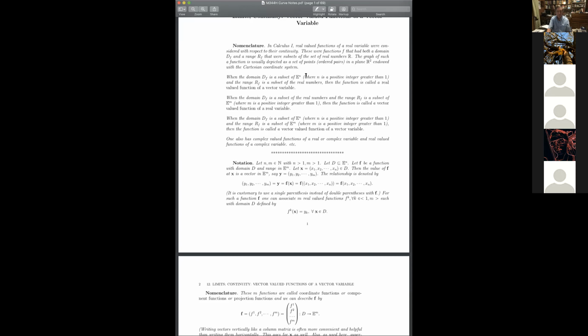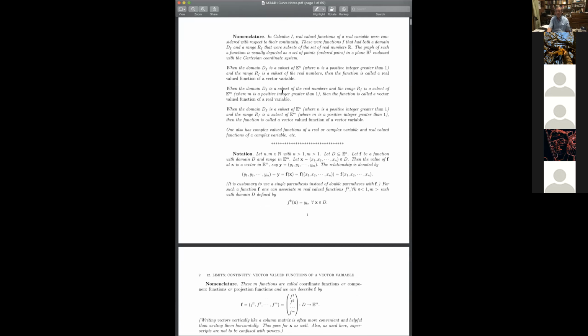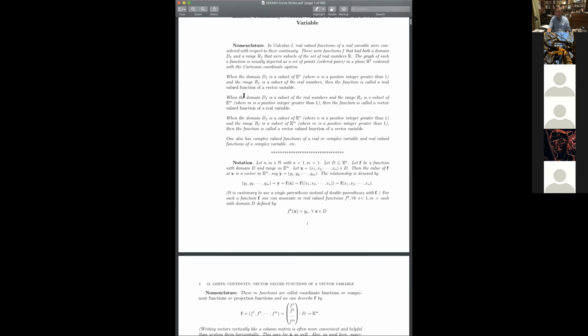Anyway, to get back to what I was saying, I think I skipped something here. Let me go back. If the domain is 10 dimensions and the range is real, then we have a real valued function of a vector variable. The domain is vectors, the range is real.